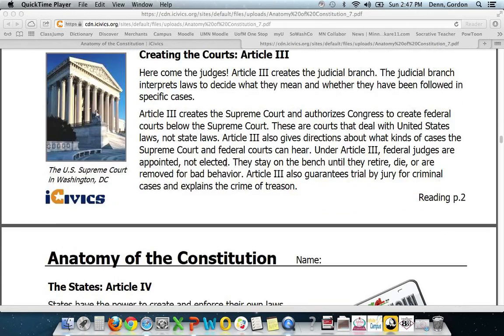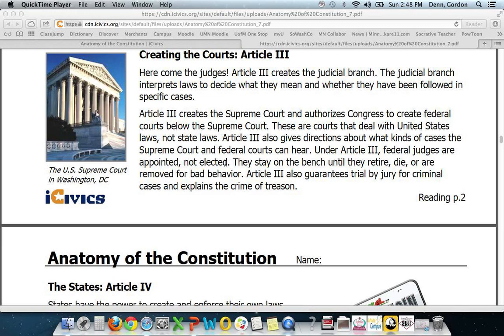Article 3 is something that did not exist in the Articles of Confederation, in that we had a court system at the federal level. And at the top of that level was the Supreme Court. And we'll talk about that later. Now, the interesting part about the Supreme Court is that when the Constitution was established, we had a question about whether or not the courts would have the ultimate say in what happened.